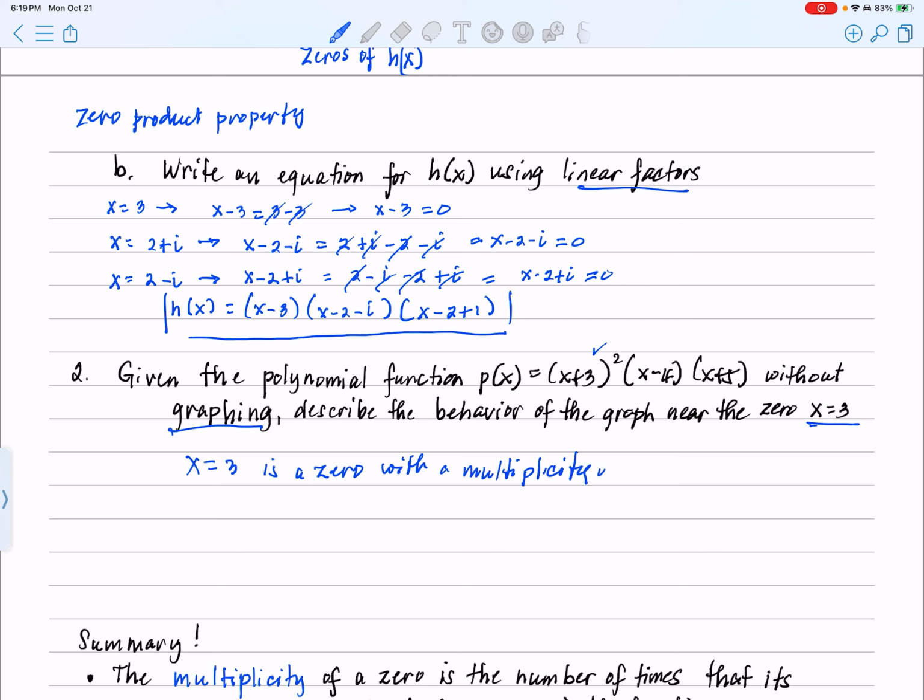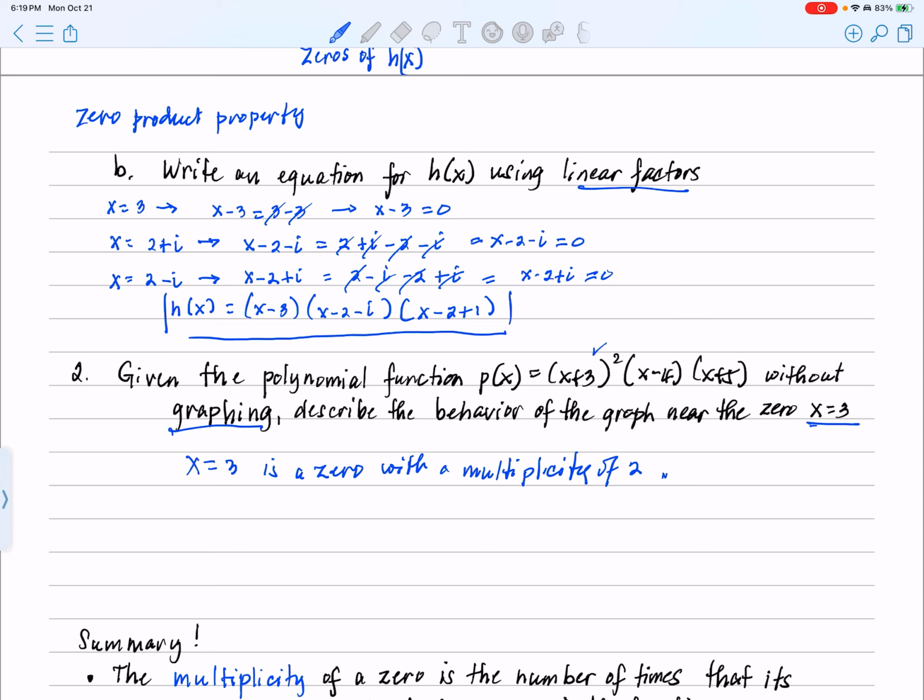So that would be our basis of our observation. So even multiplicity, what does even multiplicity mean? That the function will touch. Okay? The function will touch.